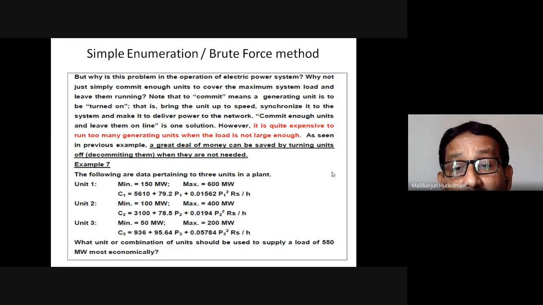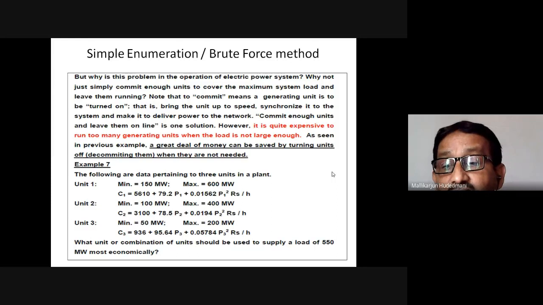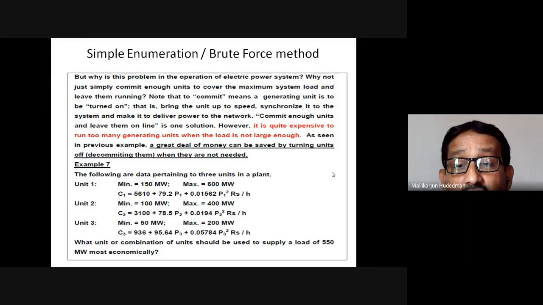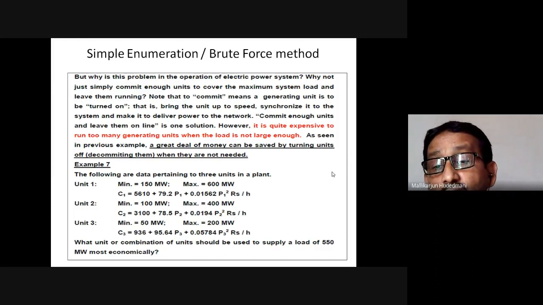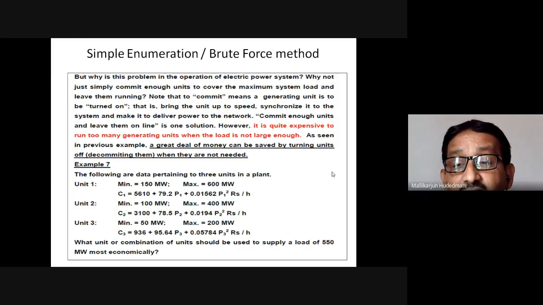I am trying to map, in the form of a table or knowledge, how C1 and C2 together provide a combinational output for a certain megawatt, from minimum to 550, and the cost of their production. Then, when C1, C2 and C3 are together, what is the cost of production for a certain megawatt from minimum to maximum. This I am going to do analytically.